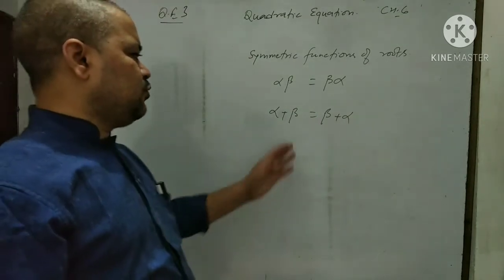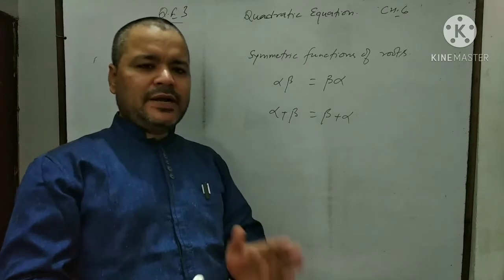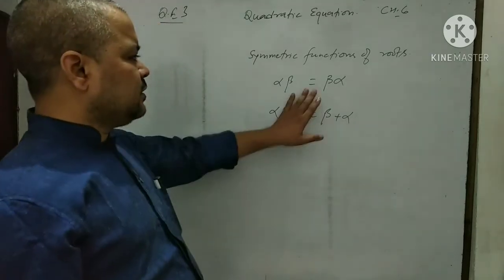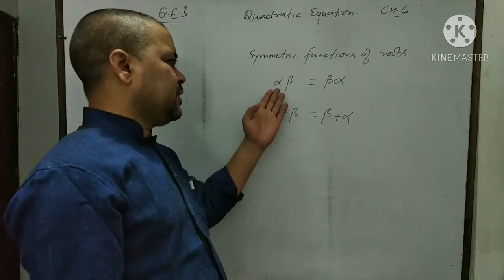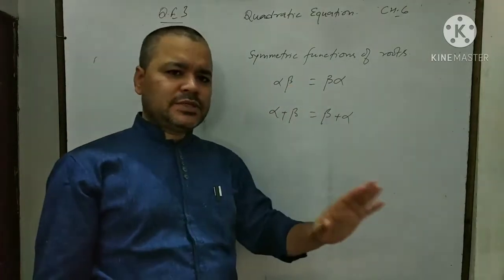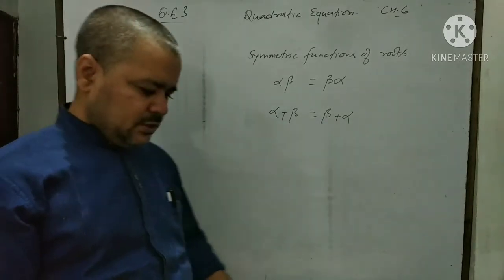It means if we interchange the place of alpha and beta, then there is no effect. We can write alpha beta or beta alpha, the value will be the same, and alpha plus beta and beta plus alpha, again the value will be the same.